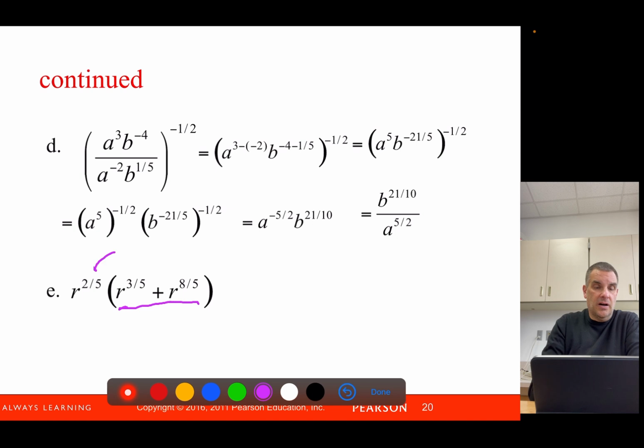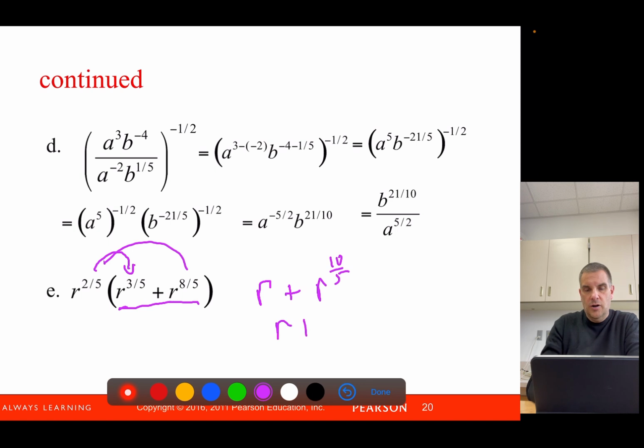So if I go r to the 2/5 times r to the 3/5, what do we do when we multiply? We add. So 2/5 plus 3/5 is 1, so that gives me r plus, now we have to take r and add that, so that gives me 10/5.